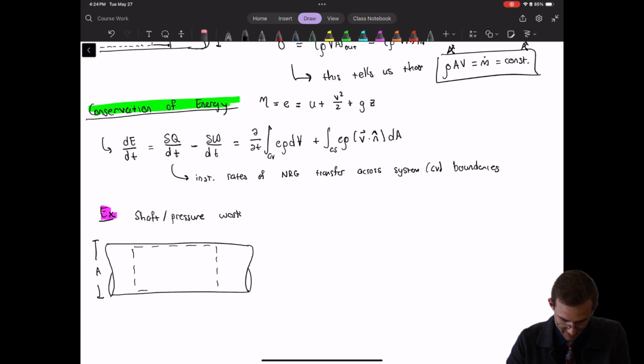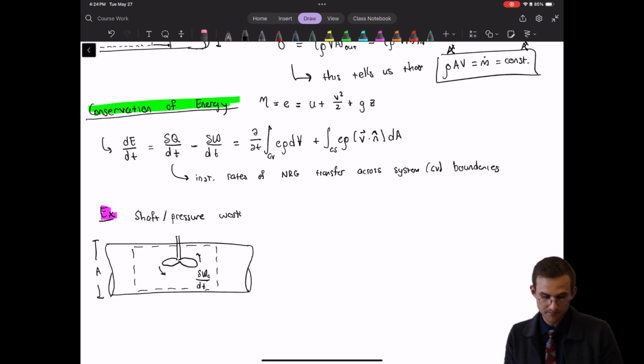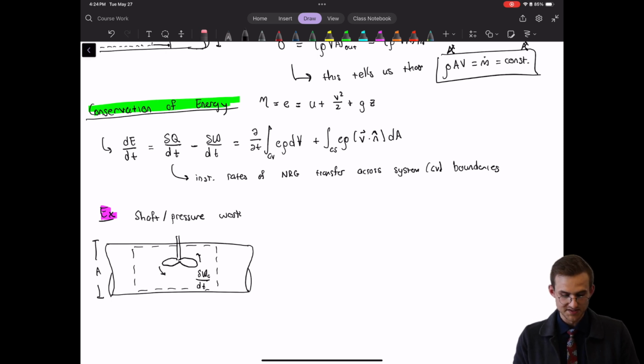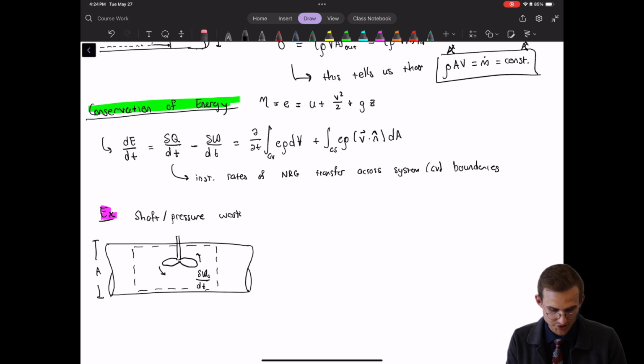And let's say we have a propeller that is injecting energy into the flow at a known rate, delta Wc dt. Okay, so we have this injection of work.